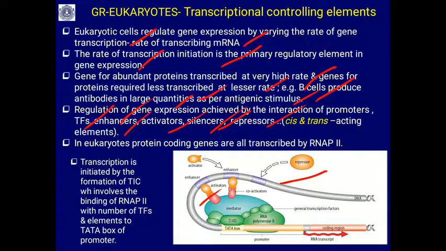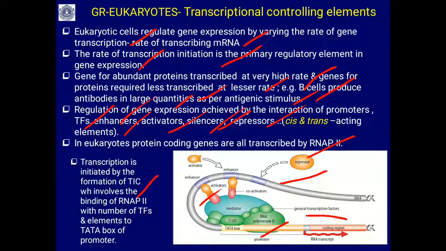The eukaryotic protein coding genes are all transcribed by RNA polymerase 2. This RNA polymerase 2 binding and producing mRNA depends on all these factors. The transcription is initiated by the formation of the transcription initiation complex.